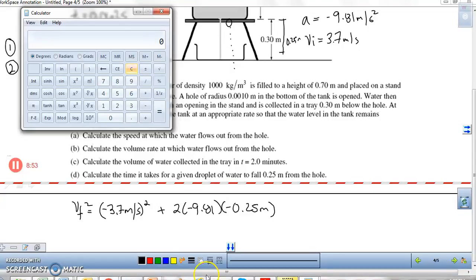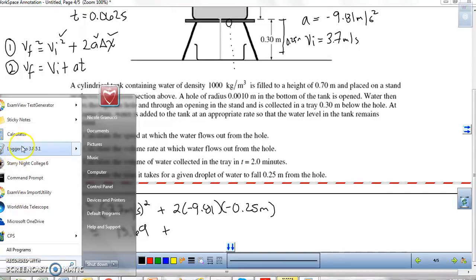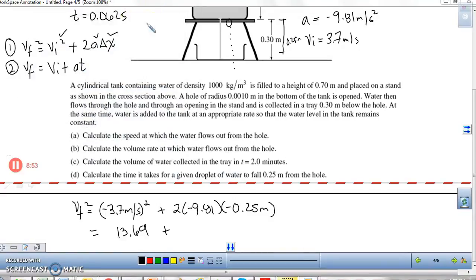So let's write these down. Now that becomes positive because it's squared. So then this one is 2 times 0.25 times 9.81, which is 4.905. This is also positive, because the signs cancel there, so it becomes positive.